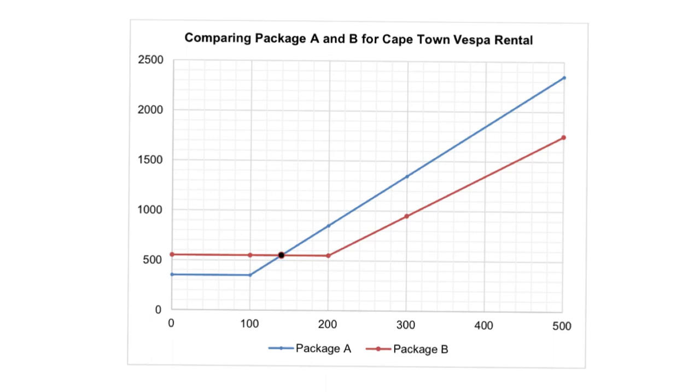On this graph, you will see that we've plotted package A and package B. Note here that for package A, from 1 to 100, it's a flat line because this is the free kilometers. For package B, our flat line is from 0 to 200 because that is our free kilometers for package B.